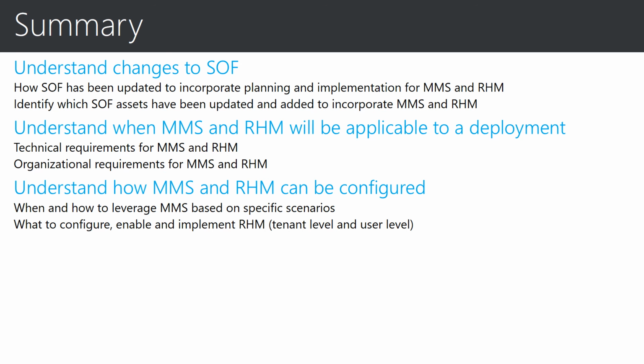With this training, we expect that you will now understand the updates that have been made to SOF to incorporate the planning and implementation of MMS and RHM. And you should by now be able to identify which assets have been updated or added and know which to use at which stage of SOF.